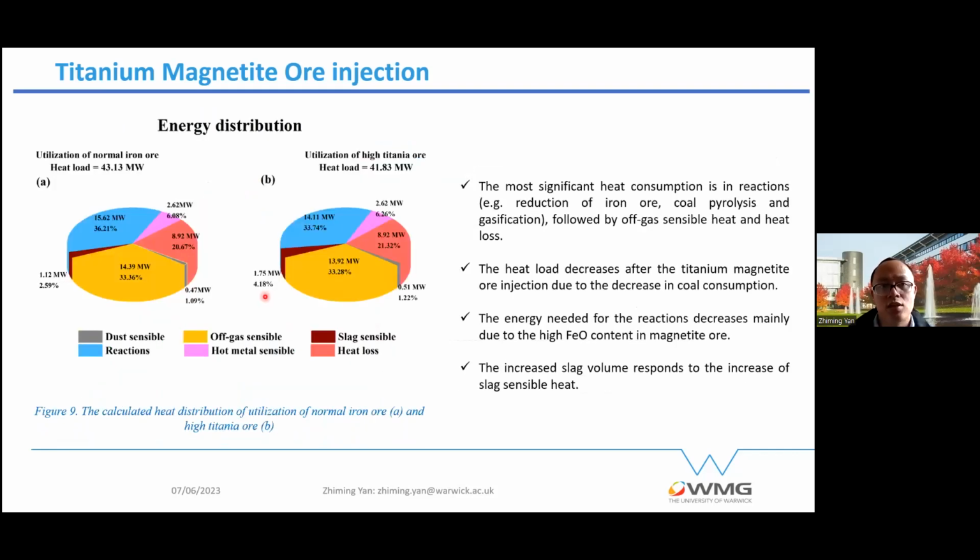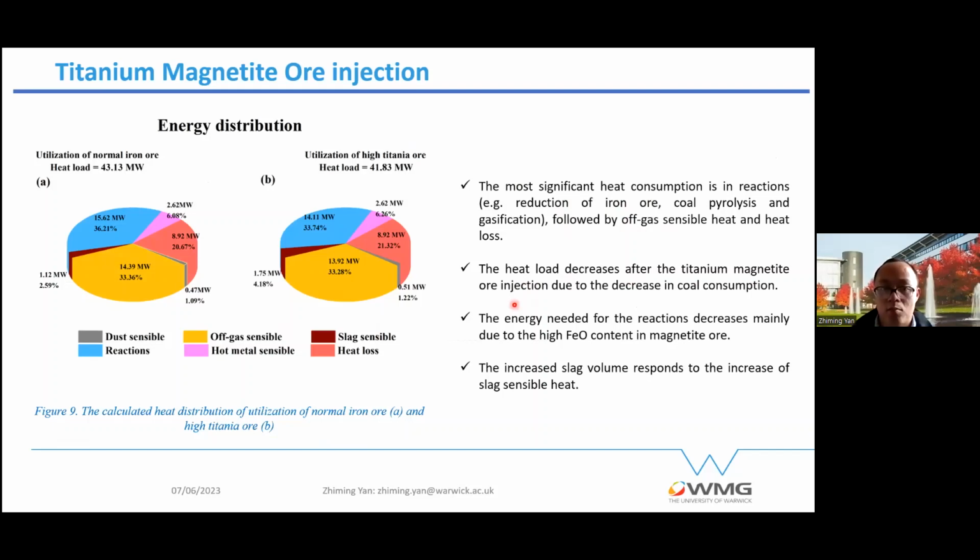Here is the energy distribution. The most significant heat consumption is followed by the off-gas sensible heat. But this kind of heat can be recovered in the future, and also the heat load decreased since we decreased the coal injection.